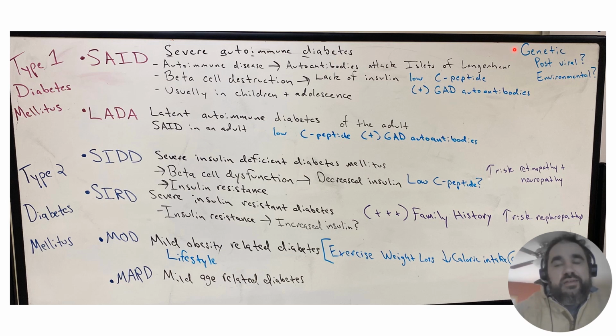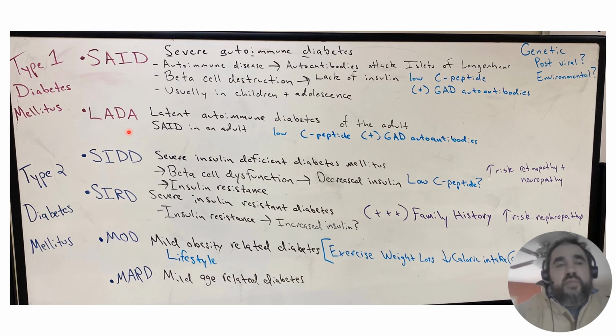Is it genetic? There's some genetic predisposition. We've proved that. It could be post-viral or environmental exposure. So if you're genetically predisposed to type 1 diabetes, you have a certain viral or environmental exposure, and then you can develop these autoantibodies. Usually in children and adolescents, but we can't call it juvenile onset diabetes anymore because we found the subtype LADA, or latent autoimmune diabetes in adults.